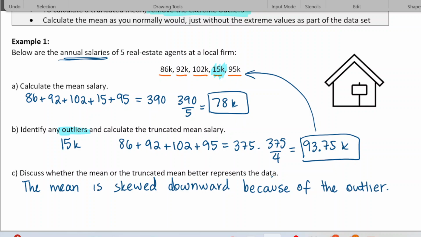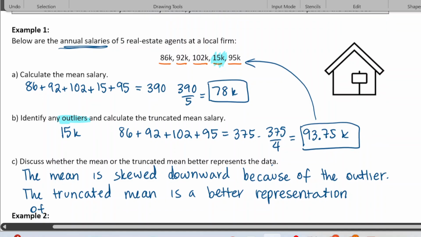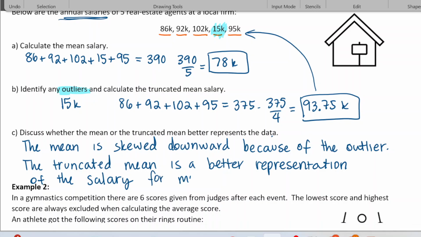So when I see the average salary is 78,000, that's not really representing the majority of the group. So we can say the truncated mean is a better representation of the salary for most of the group.